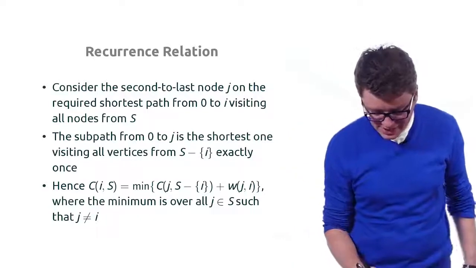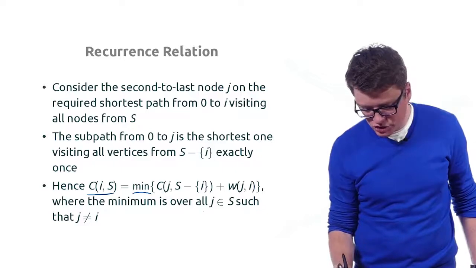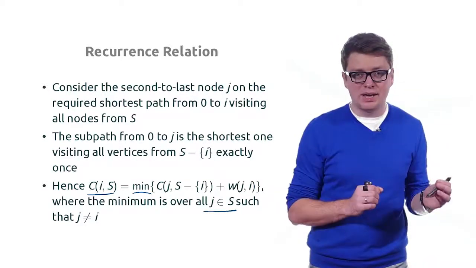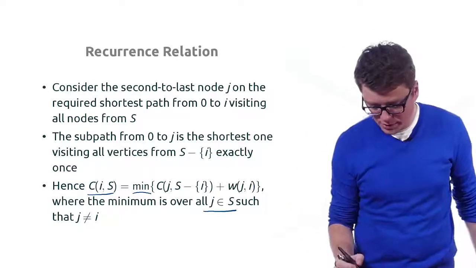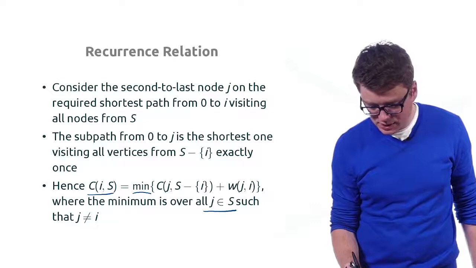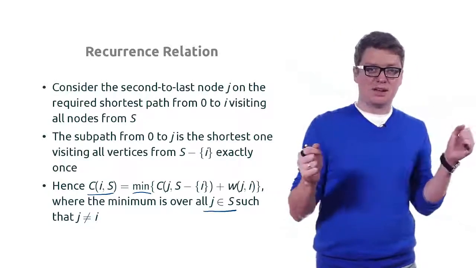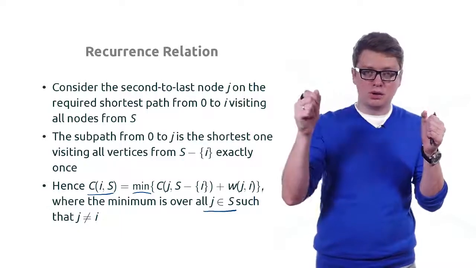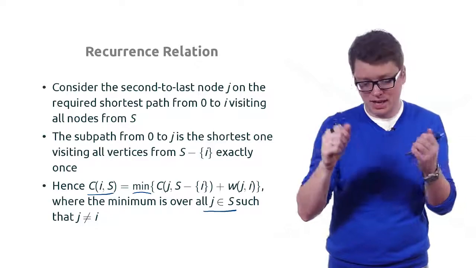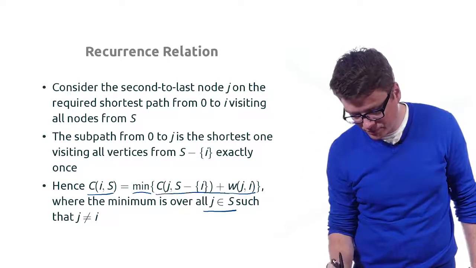So C of (i, S) is equal to the minimum over all j that belong to S and that are not equal to i, okay, over the following sum. So it is C of (j, S minus {i}). This is the same as starting at 0, visiting all nodes in S except for i and ending at j, and then traversing the edge (j, i).